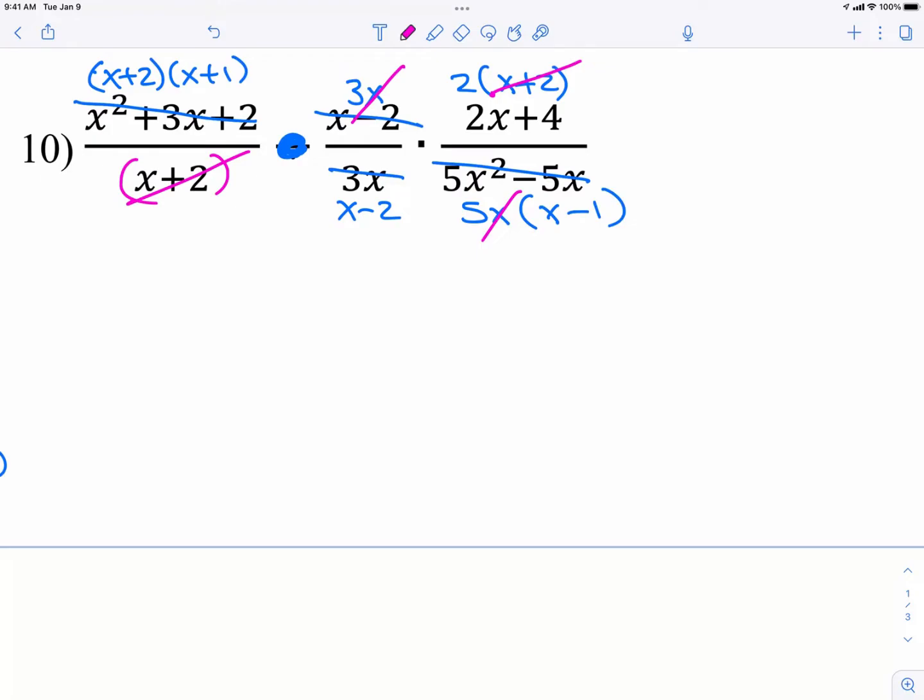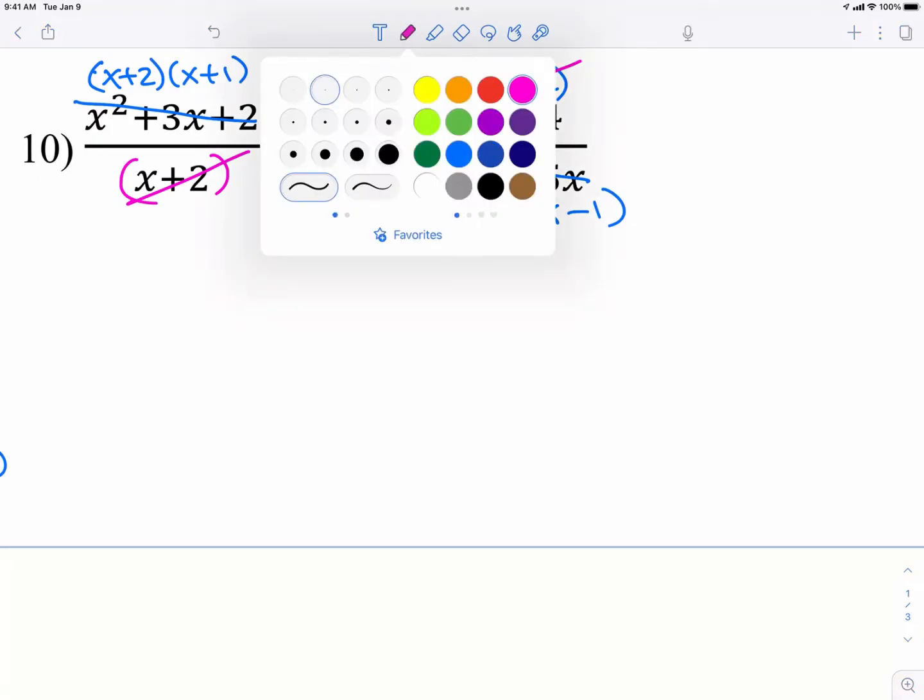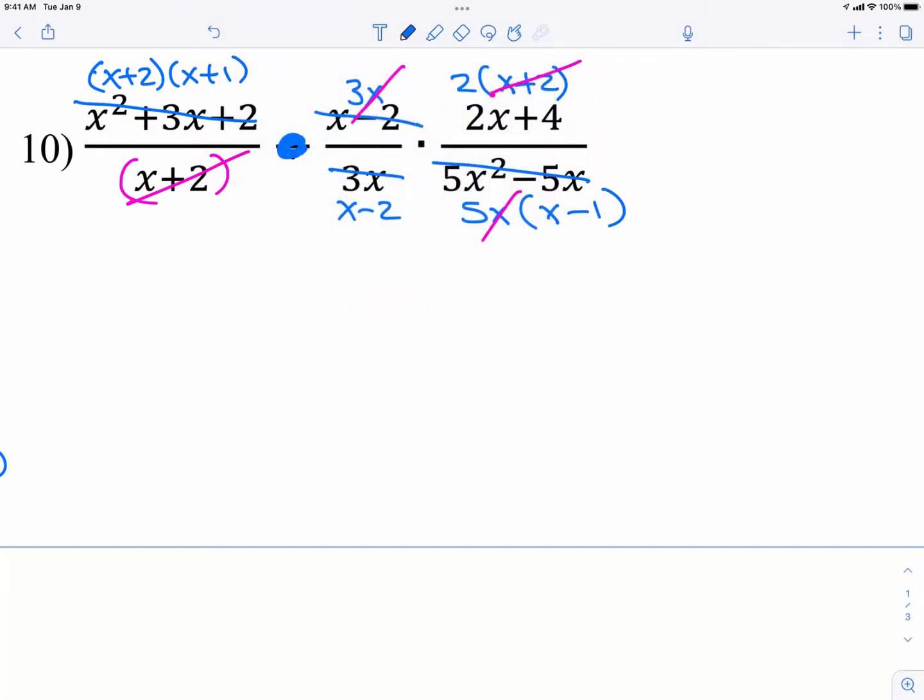And that is all that we can cancel out. So let's see what we have left. We have this 2 and that 3 multiplied together. That's going to give us a 6 on the top. And then we have these two factors multiplied together. We'll just leave those in factored form. So x plus 2, x plus 1.